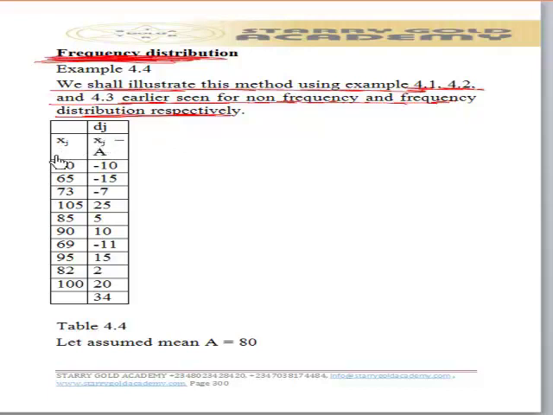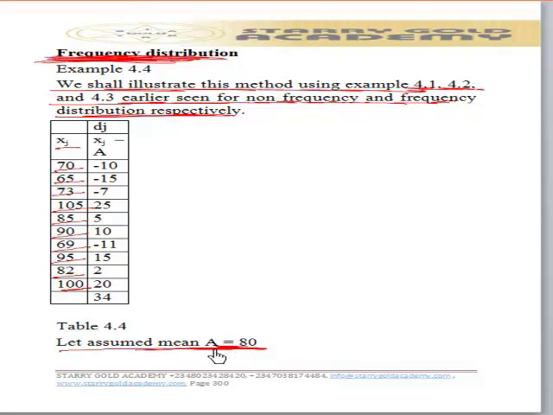So in this question, we have the x like the first example we treated. We have 70, 65, 73, 105, 85, 90, 69, 95, 82, and 100. We are required to compute the arithmetic mean using assumed mean. They said we should make our assumed mean, our A, to be 80.